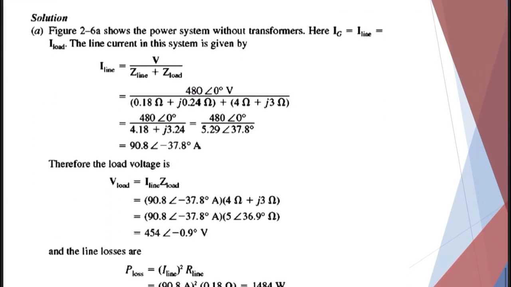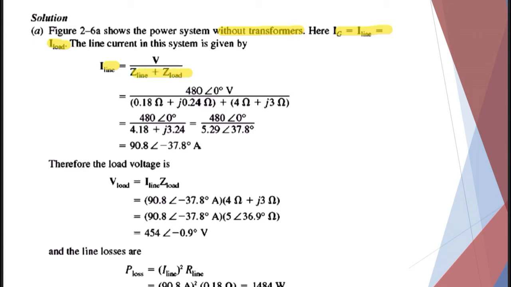So the solution. A, figure 2-6 shows a power system without transformers. Here I generator equals I line equals I load, because we have a series circuit. So the line current in this system is given by I line equals V over Z line plus Z load.